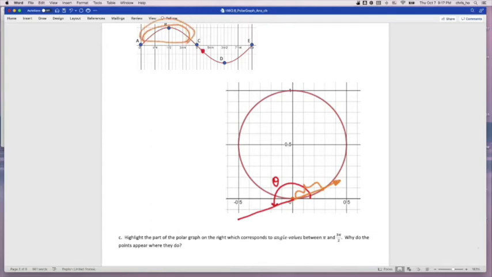In other words, you have two overlapping circles, one for 0 to pi, and the other from pi to 2 pi. They're the same circle. So that's why you never see any value below y equals 0.